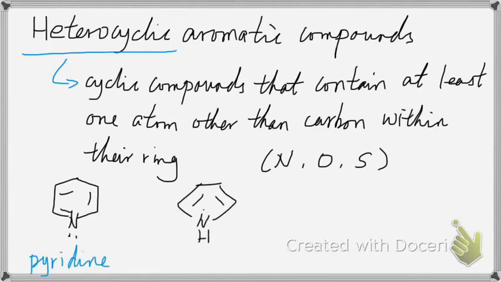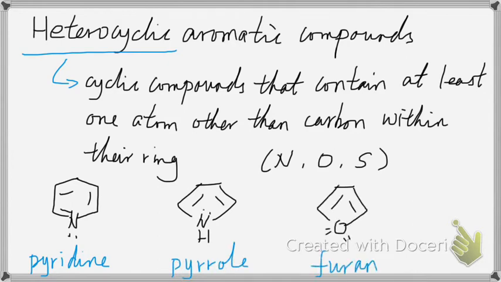So here are a few examples of the heterocyclic compounds. Okay, 6-membered ring with a nitrogen, that's pyridine. 5-membered ring with a nitrogen, that's pyrrole. 5-membered ring with oxygen is called furan. All 3 examples shown here are aromatic.